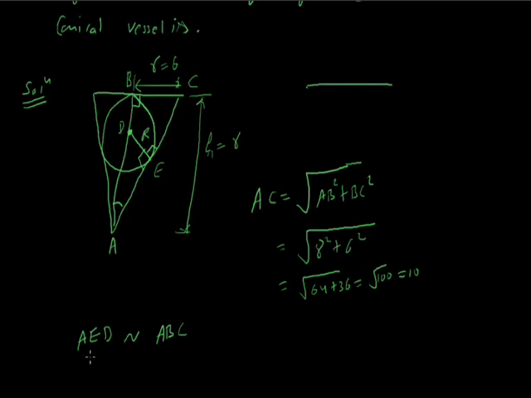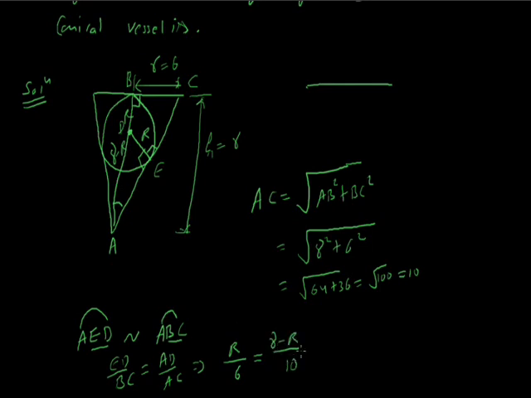So the ratio of the corresponding sides are now equal. So we can say that ED by BC is equals to AD by AC. The value of ED is capital R, and the value of BC is small 6, and the value of AD, A से B का डिस्टेंस हमें मालूम है, that is 8, और D से B का डिस्टेंस है कैपिटल R. So A से D का डिस्टेंस जो होगा that is 8 minus capital R, divided by AC.